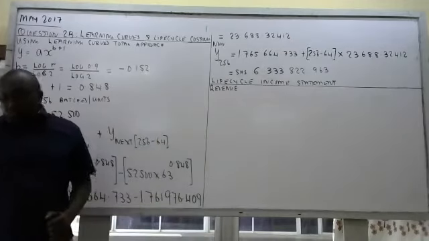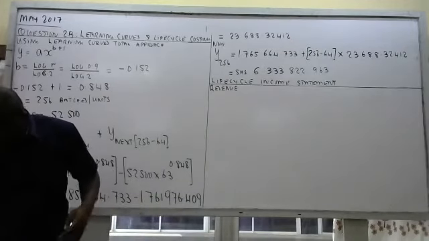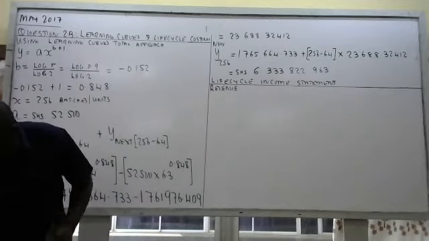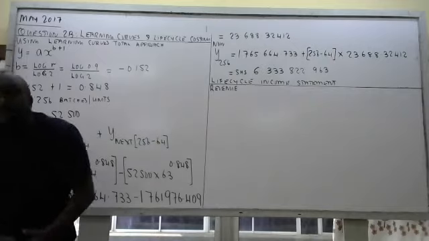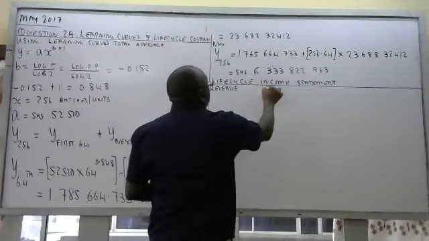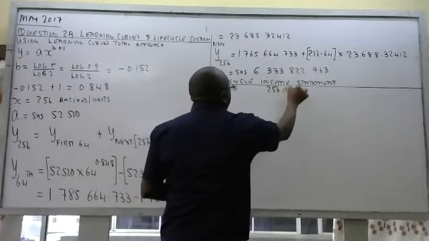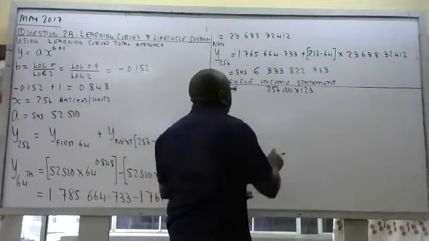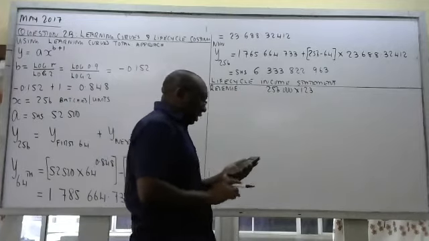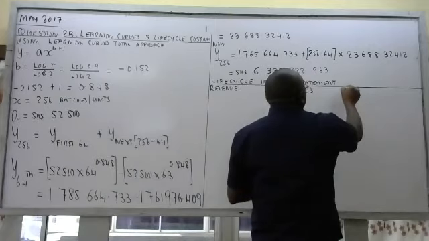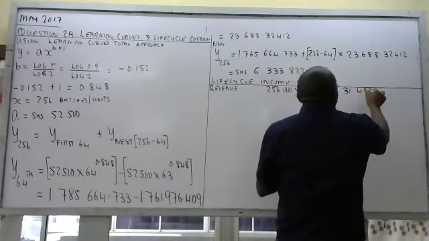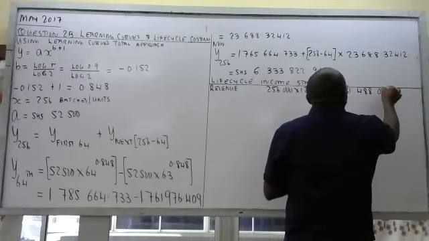So revenue, we are told the selling price is 123 per unit. So you will say 256,000 units times 123. 256 times 123 is 31,488,000.